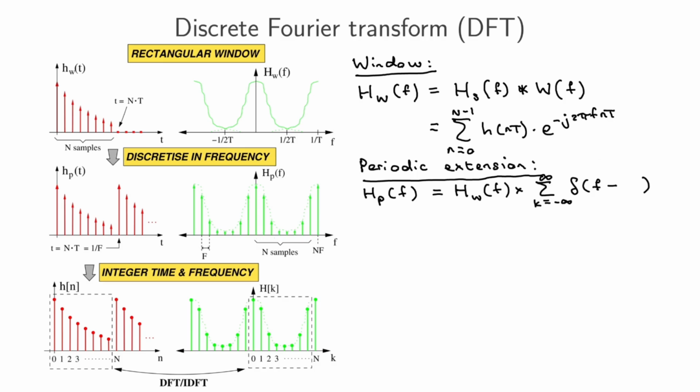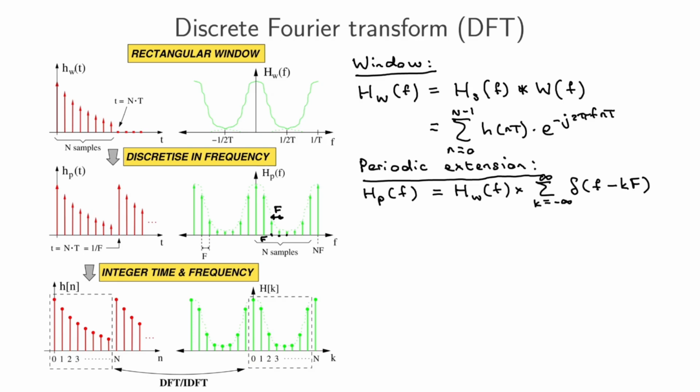What I basically have is impulses that are moved by multiples of this capital F. Now capital F is like capital T in the time domain. It's like the sampling period in the frequency domain. So this impulse will sit at F, this one is at 2F, 3F, and so on. So the distance here is capital F.